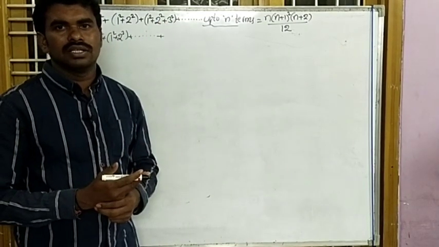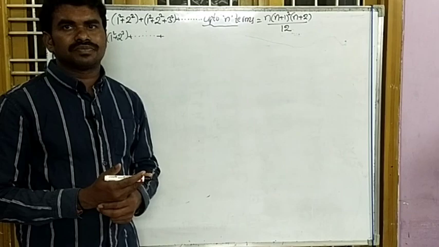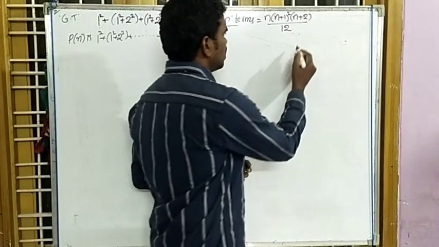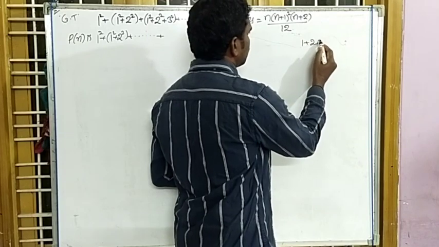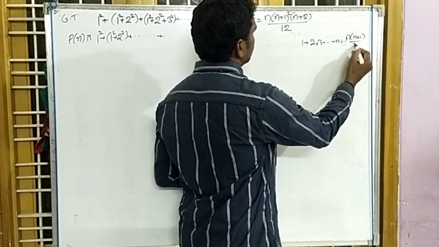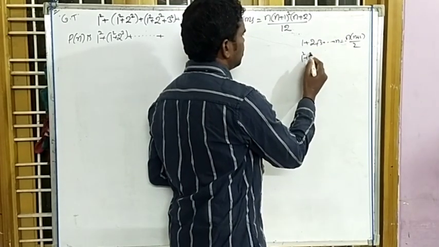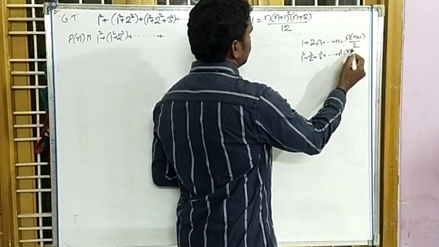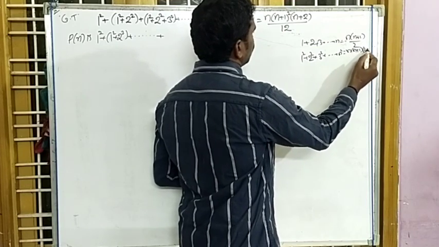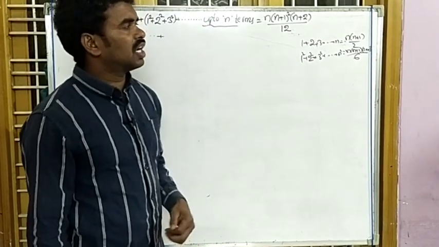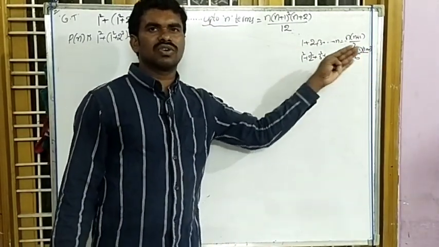Sum of the first n natural numbers formula: 1 plus 2 plus 3 plus so on plus n is equal to n into (n plus 1) by 2. The sum of the squares of the first n natural numbers is n into (n plus 1) into (2n plus 1) by 6, and the sum of the cubes of the first n natural numbers is n square into (n plus 1) whole square by 4.